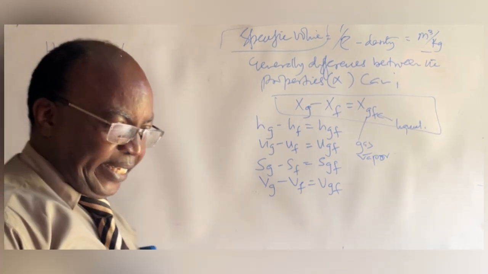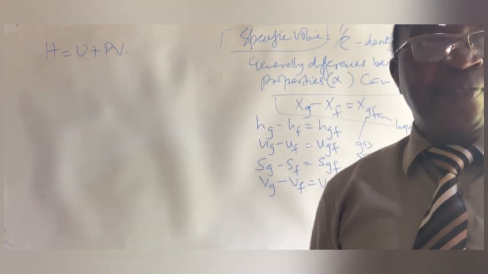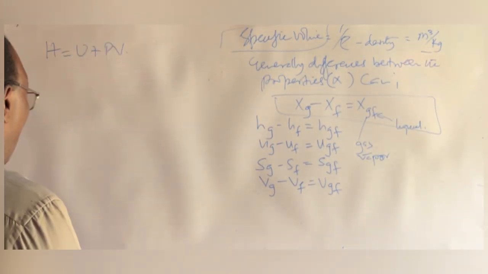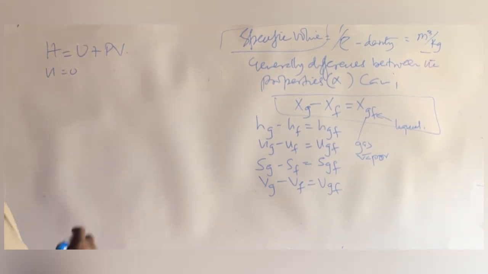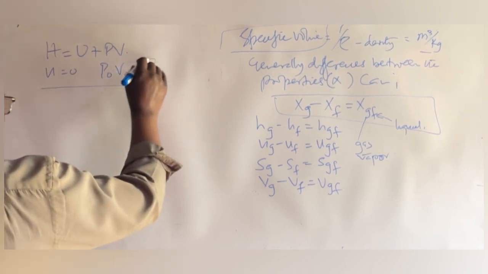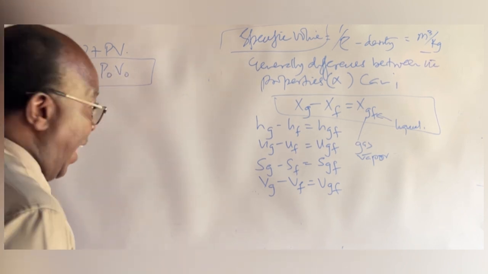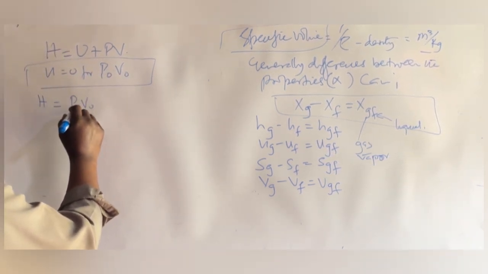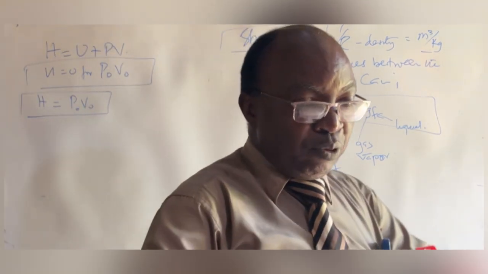Suppose we just create a state, just like when we are doing thermochemistry, we say that the enthalpies of the elements is zero. Suppose we say that the internal energy is equals to 0 when pressure is P naught V naught. Therefore, in that case, H will be P naught V naught. That you have put as a reference state.